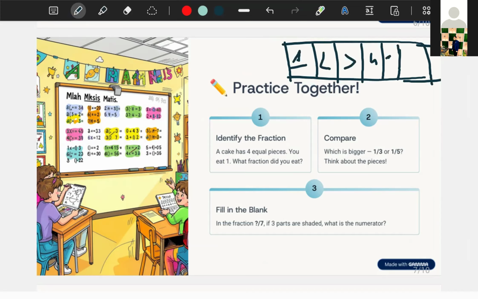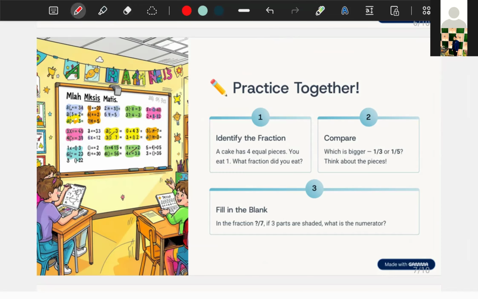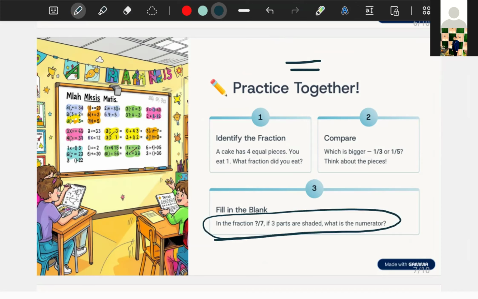In the denominator, we know that the total number of equal parts is written. So it is given that 7 is there. And what will come in the numerator? We have to tell the numerator. It is also written that three parts are shaded, and the total is 7. So the fraction will be 3 by 7, because three parts are shaded means three parts are used.